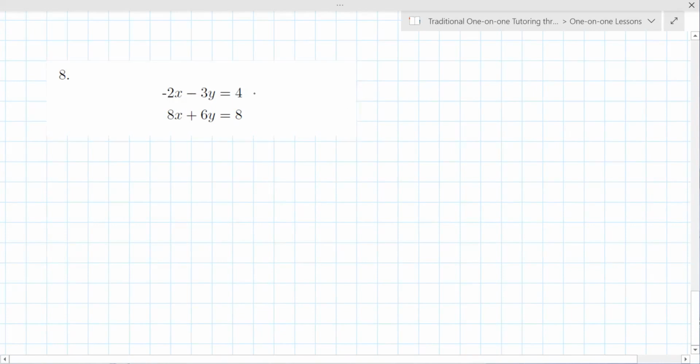Sometimes you have to multiply one equation or both equations by a number. So you can choose to multiply either the first equation by 4, because that will give you -8x, or you can multiply by 2 because that'll give you -6y. It's your choice, but I'd like you to try solving this system.